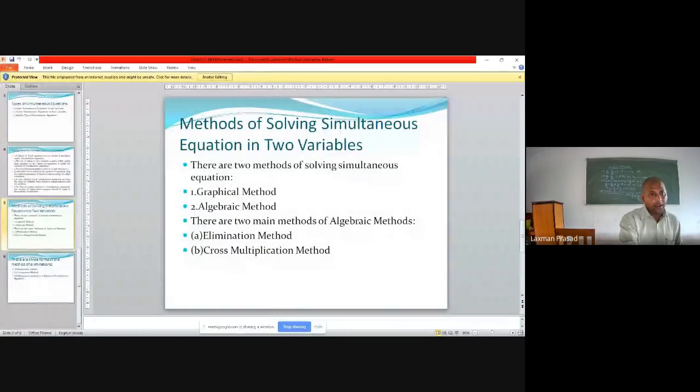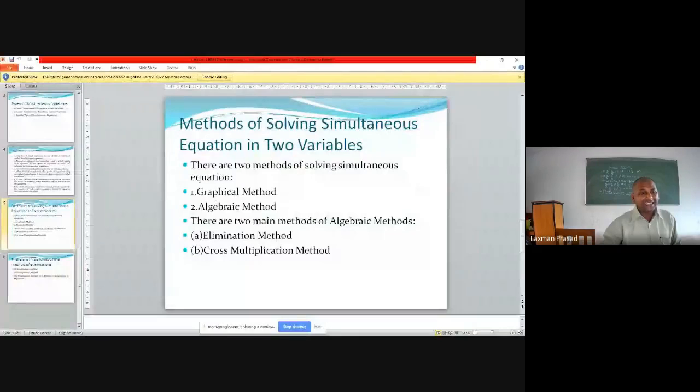So your class actually starts now. Find the method of solving simultaneous equations in two variables. This is very important.